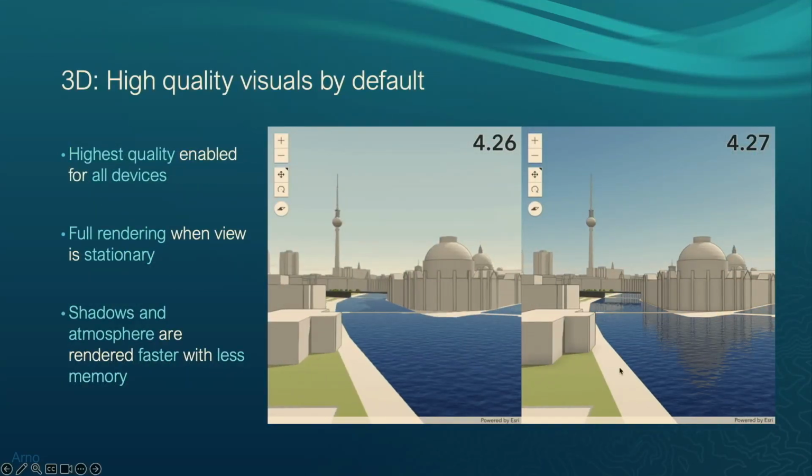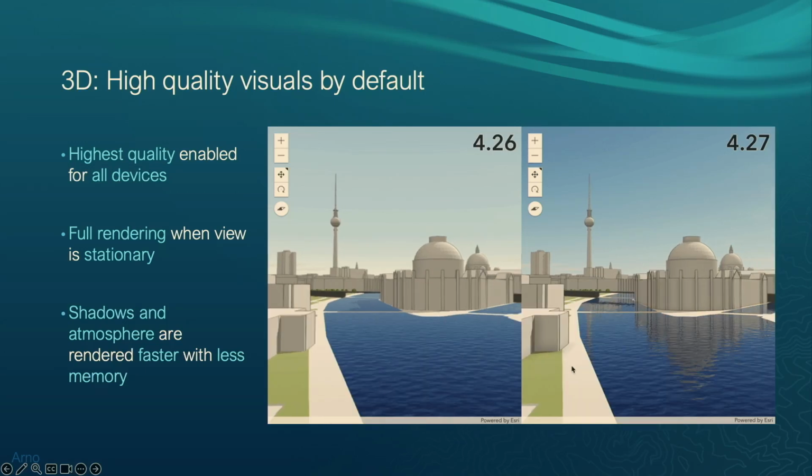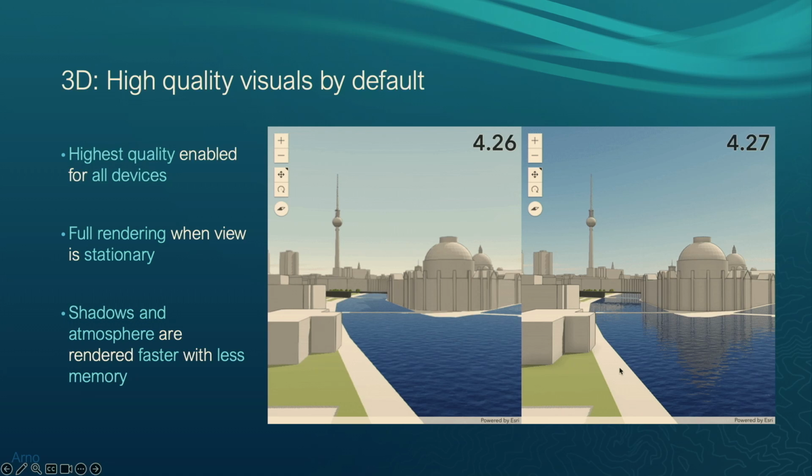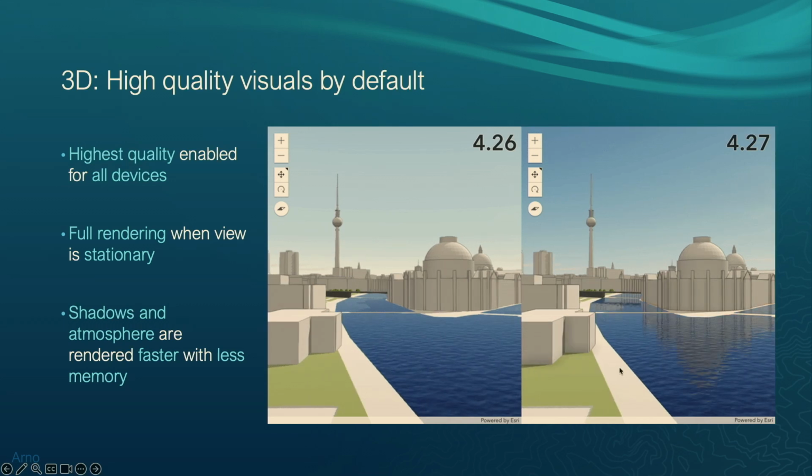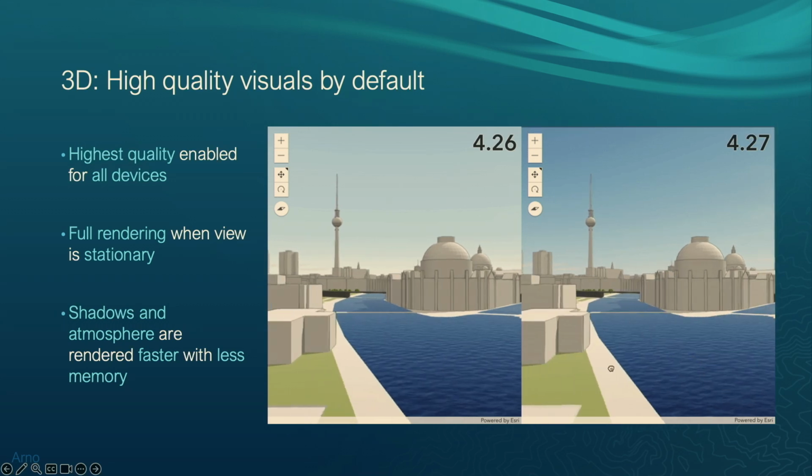So these have been a few 2D samples. Also on the 3D side, we improved the visual quality by introducing a concept where when you navigate in the 3D scene, we show a little less quality to make sure that the navigation is smooth.